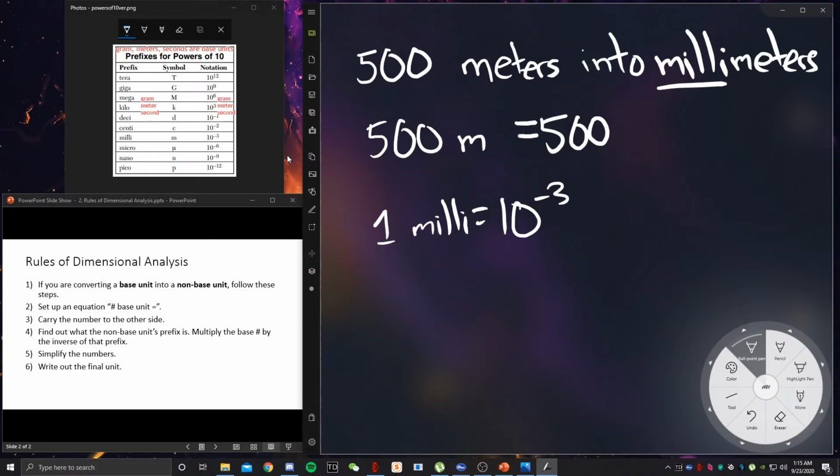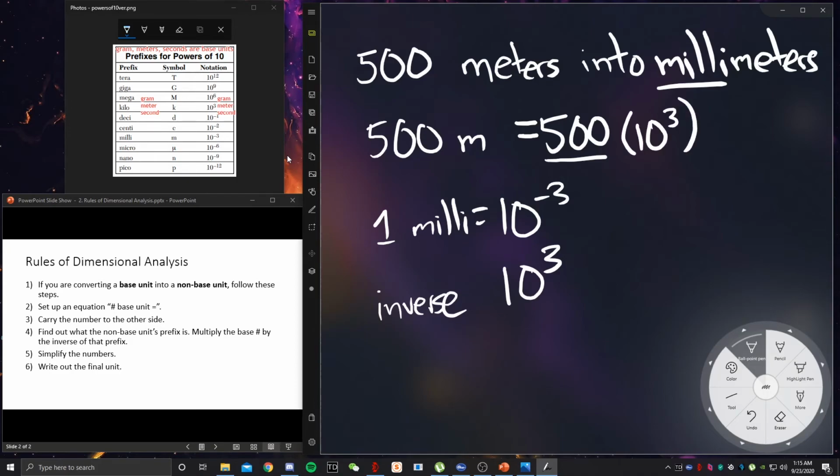What we're going to do now is multiply the base number, which is 500, by the inverse of this number. So the inverse of 10 to the -3 is 10 to the 3. That's our inverse. You multiply it by 10 to the 3. So we're going to multiply 500 by 10 to the 3.